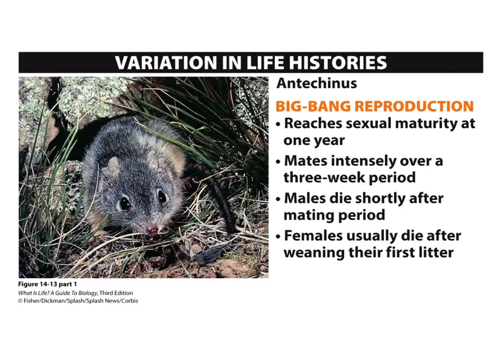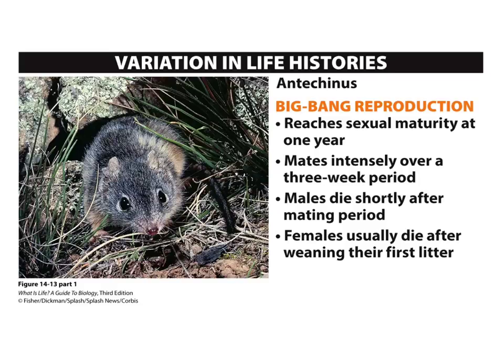The first reproductive strategy we're going to look at is Big Bang reproduction. When these animals reach sexual maturity, they're going to mate one time and put all of their energy into reproducing. At the end of their reproductive event, these animals will die. They put zero energy into growth and maintenance for themselves.